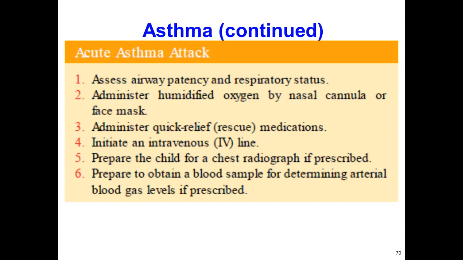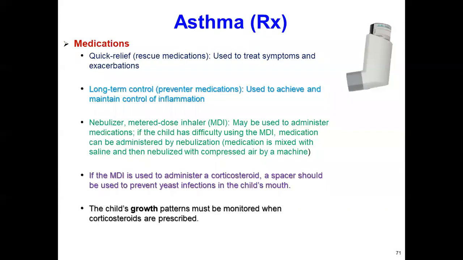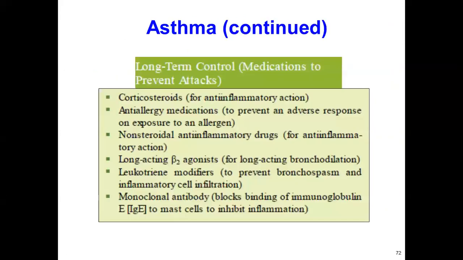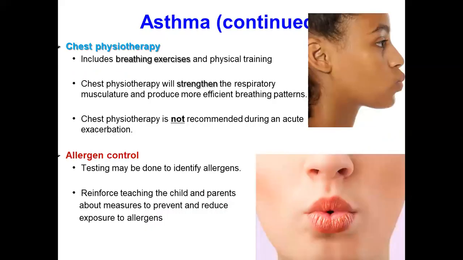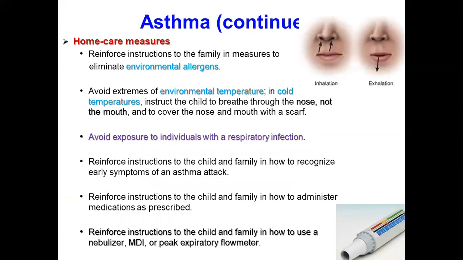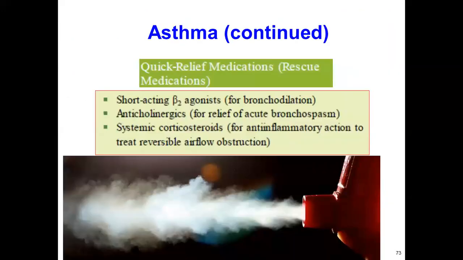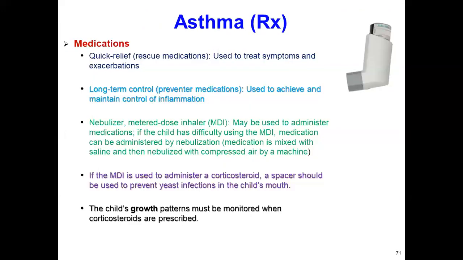Right? So, if our patient looks like this, what could we do? What are our interventions and what are the medications? First of all, let me talk about the medication. Quick relief or rescue medication is used to treat the symptoms and acute exacerbation.